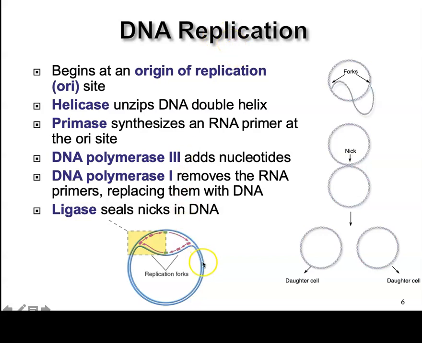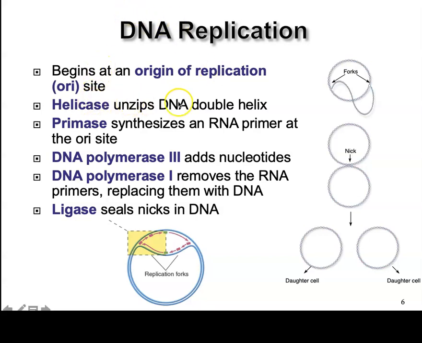Should it begin on the side, on the bottom? The ORI site, or origin of replication, tells the special enzymes that are going to do the replication where to start working, where the beginning is.